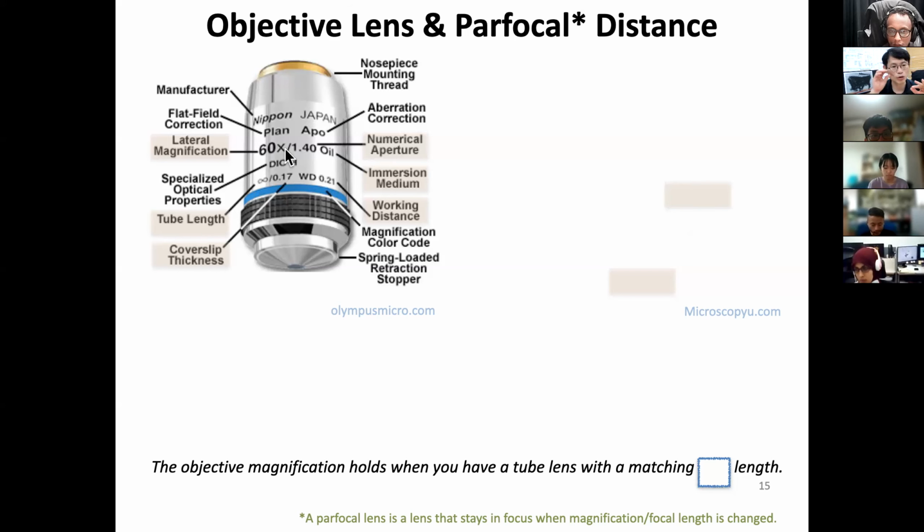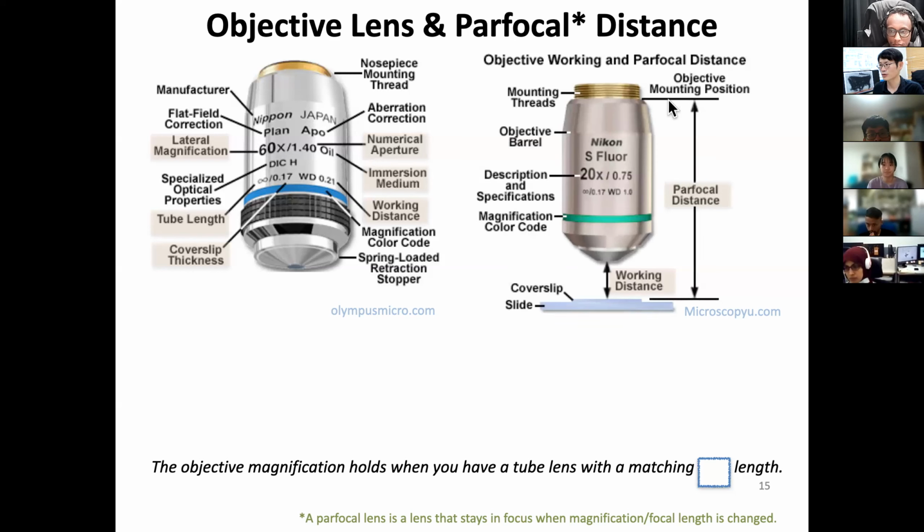This objective is mostly corrected for that. In terms of the cover slip number, you should use 1.5 for this. And then as I said, working distance in millimeters is 0.21, it's only 210 micron. So it's a very, very good objective lens. If the sample is almost touching, you gotta be very careful not to crash your sample, and also ruin your objective. The other concept is, as I said, working distance.